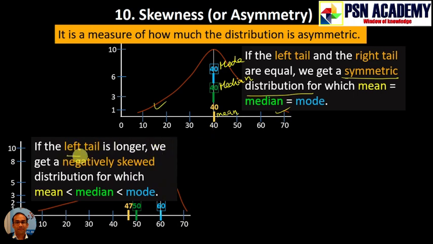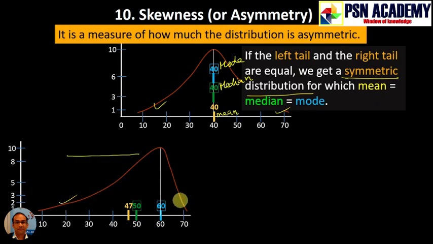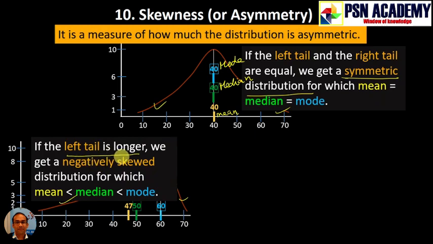If the left tail is longer, you see this one is longer, this one is shorter. Whenever the left tail is longer, we have a negatively skewed distribution for which mean is less than median, less than mode. Yellow is the mean, so 47 is the mean, 50 is the median, and 60 is the mode. You can see that mean is less than median, less than mode.